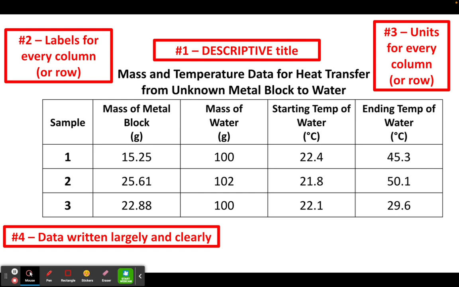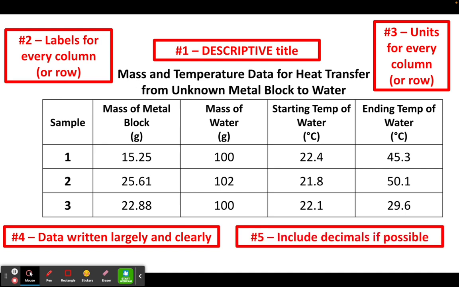If you want to present this, you need to make sure your data is clear for other people to read, because if you publish a paper or present your work, people are going to want to see your data, and they want to make sure it's legible so that anyone can pick up your notebook and read it and understand what the data is saying.